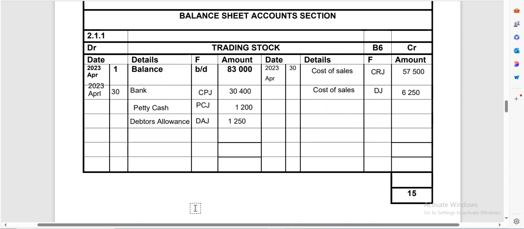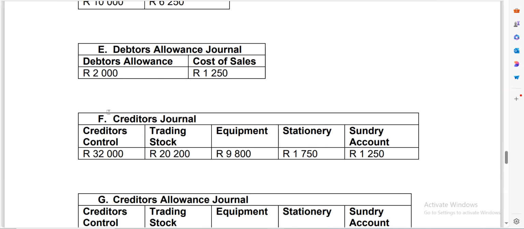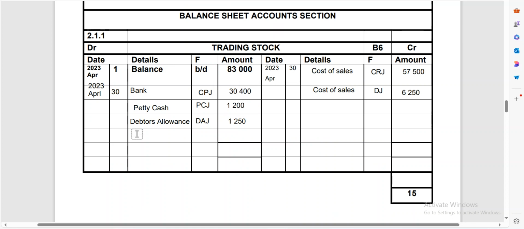And then from there, I continue and check what else am I given that will increase or decrease my trading stock. I have here the creditors journal. The creditors journal tells me that I bought stock on credit for 20,200. So what I will have here is creditors control.